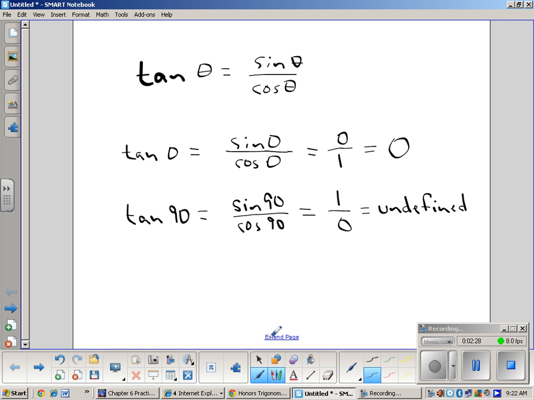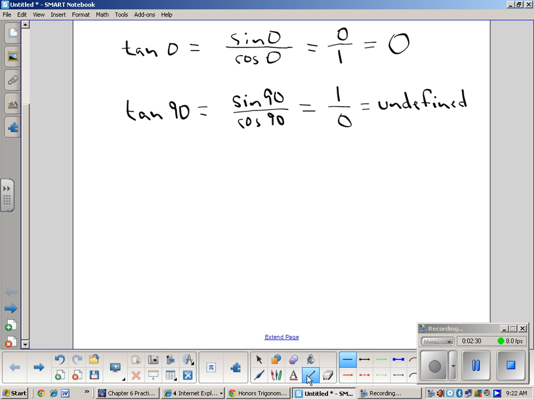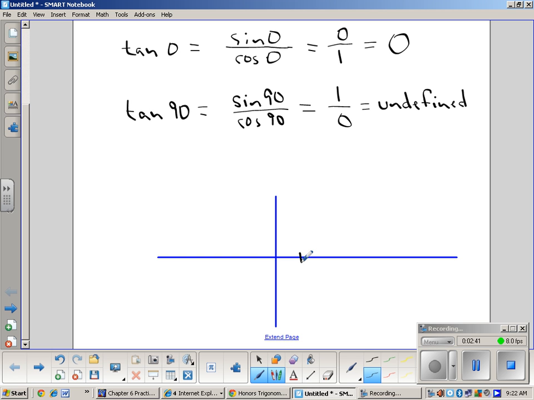And so, if I go to graph this, it looks something like this.